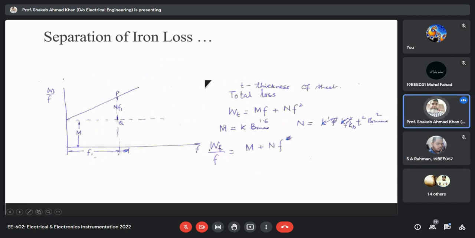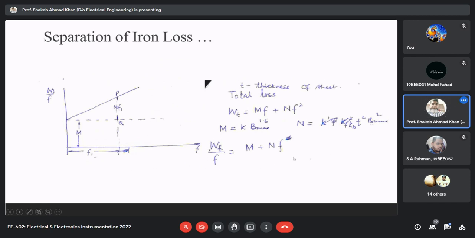Now we are dividing this equation by frequency. Now, if this is your iron loss per unit frequency, and then the right side is a coefficient, another coefficient, and frequency. So this equation, I need your comment on this equation.